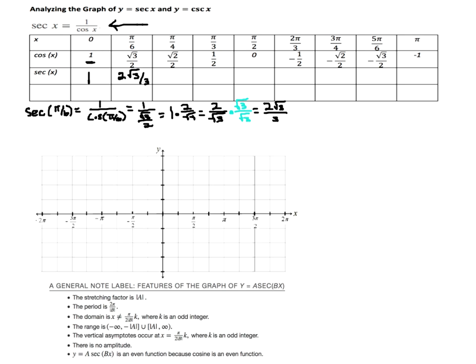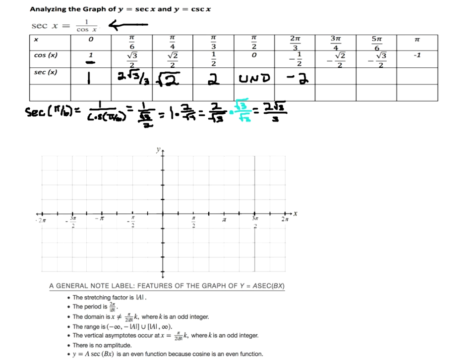Okay, so I've done all the other calculations here. This is square root of 2. There we go. This is 2. 1 divided by 0 is undefined.